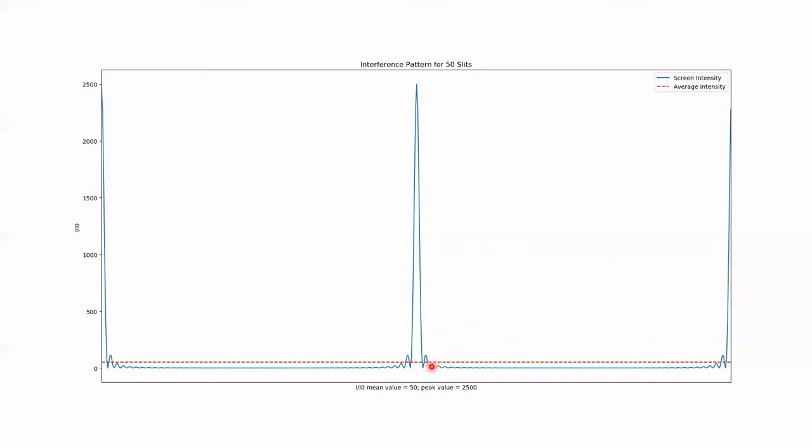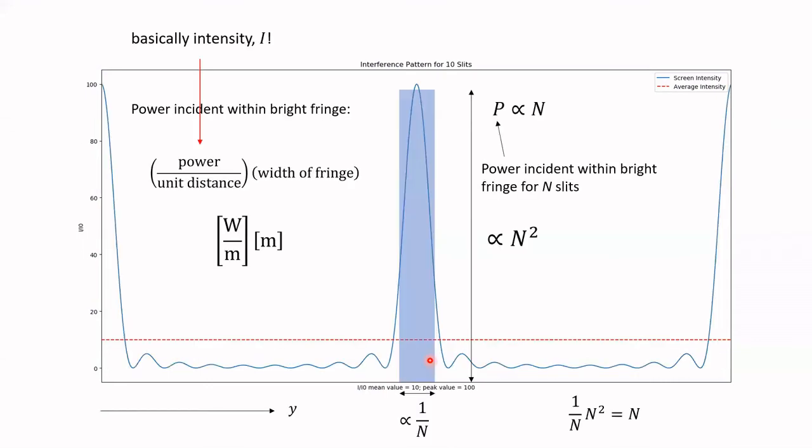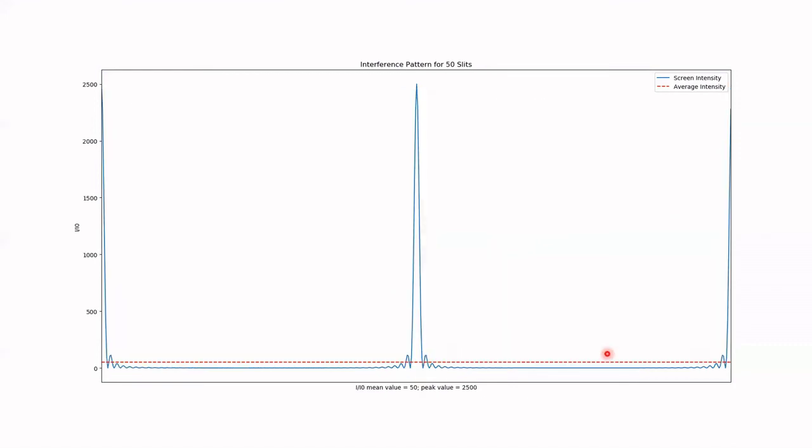And it's kind of interesting to see this other feature. You see how the secondary maxima are all really squashed down, but the ones close to the primary maxima start to rise up? See that? These secondary maxima get taller and these get shorter as we add more slits. Now, what would it look like if you went from 50 slits to 500 slits or 5,000?